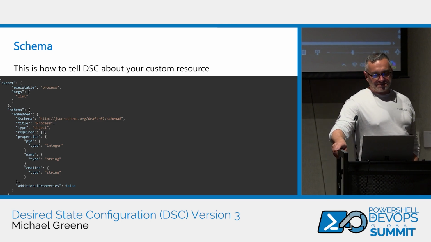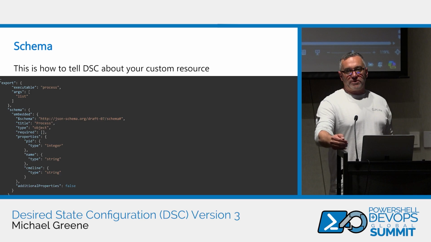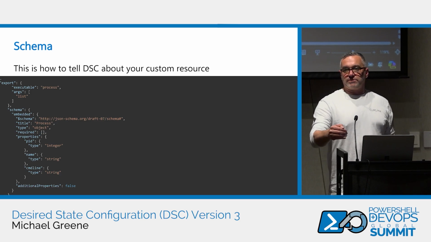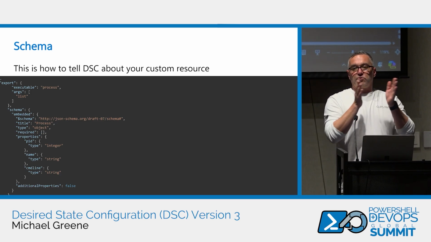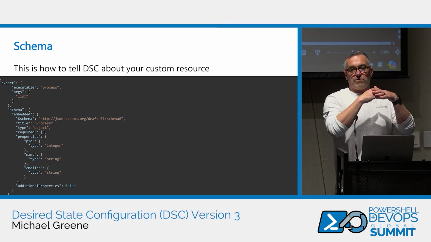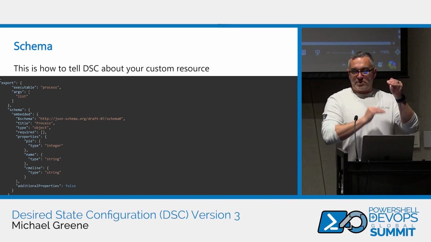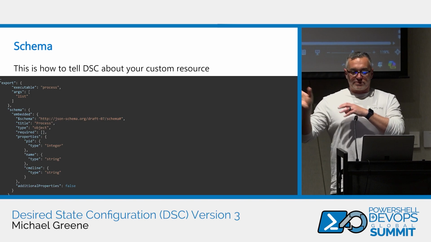The schema is an extension. Remember we've always had schema.mof, and in your resource, if it was class-based, your schema was your parameters for your class. If you're script-based, then you had the schema.mof, a file that said these are the available properties for that resource, here's their description, here's their type.